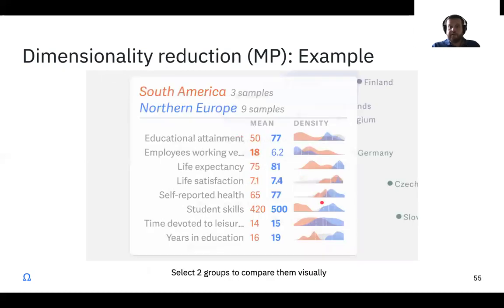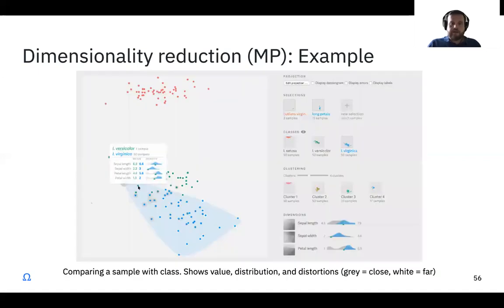In this 2D projection, we can also select two groups to compare them visually. This will superimpose the Northern Europe distributions on top of South America. We can see the means side by side, and we can see how the groups differ, which can drive our ability to manipulate the dimensionality reduction a bit further, whether it's correct or not.